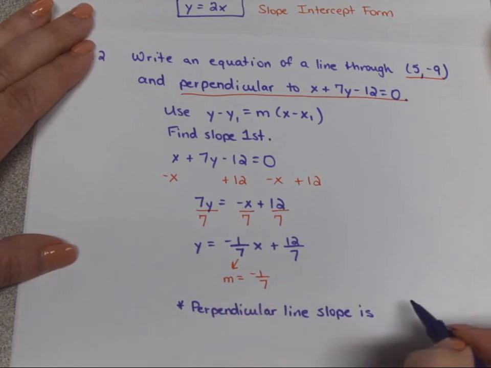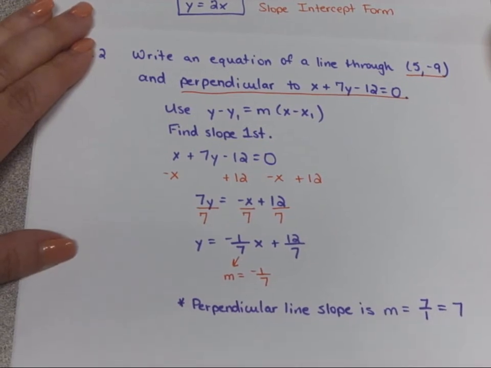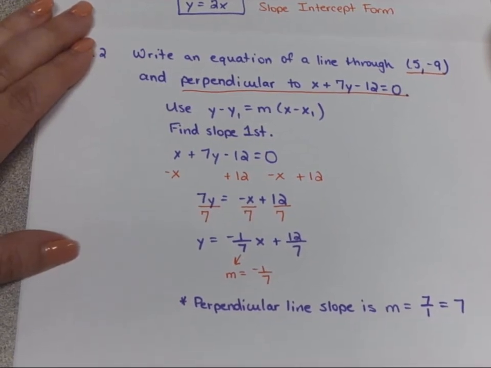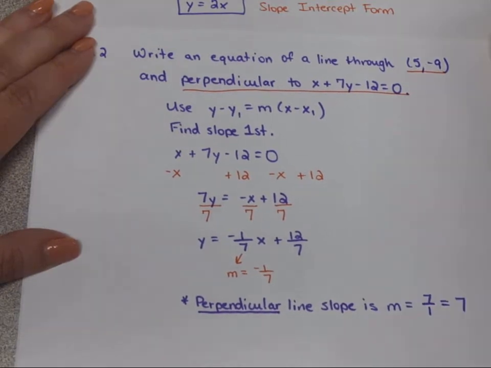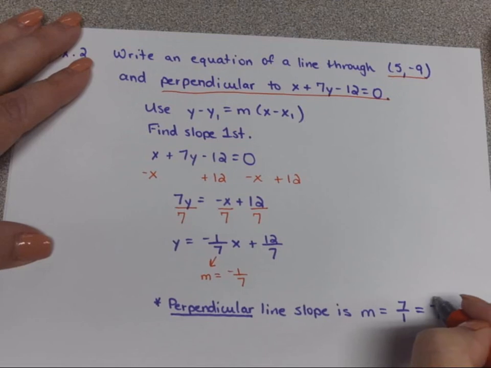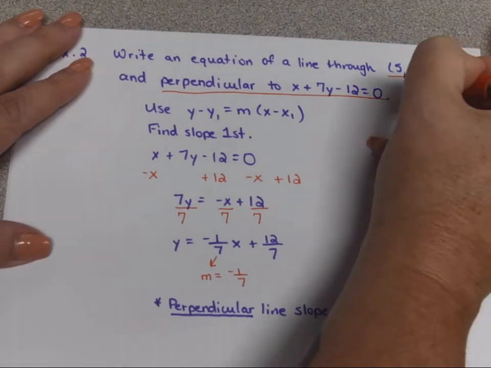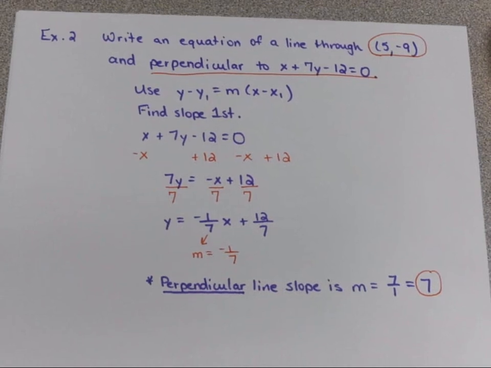So the perpendicular line slope is m = 7/1, okay, or 7. So we have to pay attention to the fact that we knew it was perpendicular, not parallel. When it's parallel, you just use the same slope. When it's perpendicular, you flip the fraction and you change the sign. But at any rate, notice now we're ready because we have a slope and we have a point. Okay, so now we're good to go.